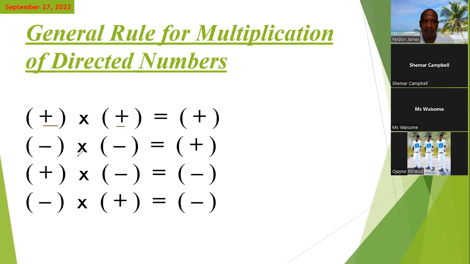Once you're multiplying like signs, the answer is positive. Unlike signs give you negative. These rules seem straightforward, but there's a little caveat, or trick, to one of these.